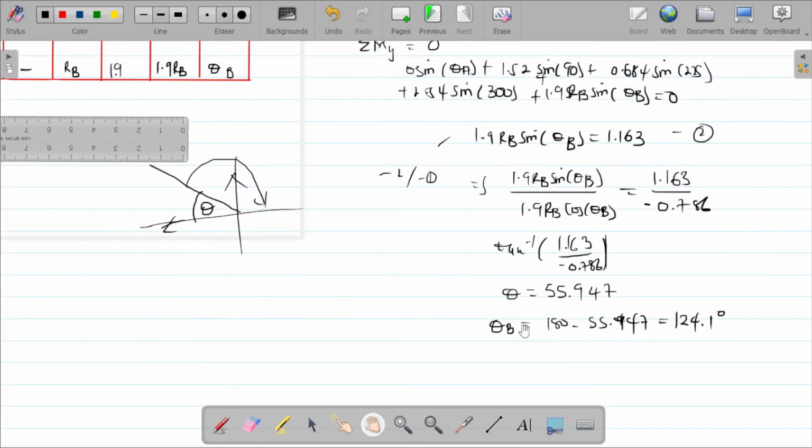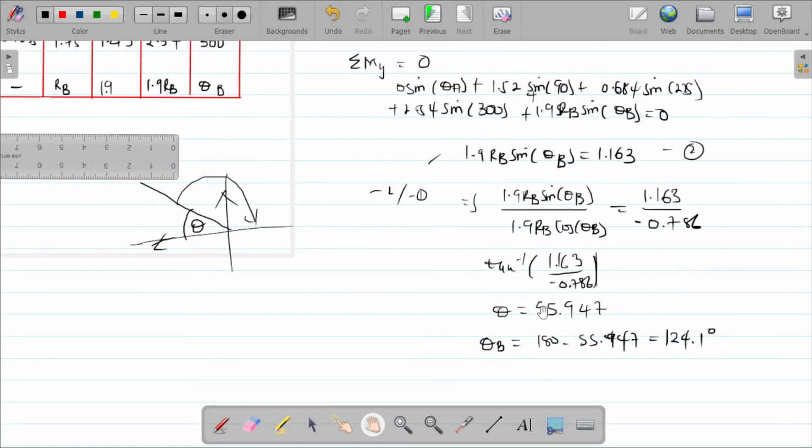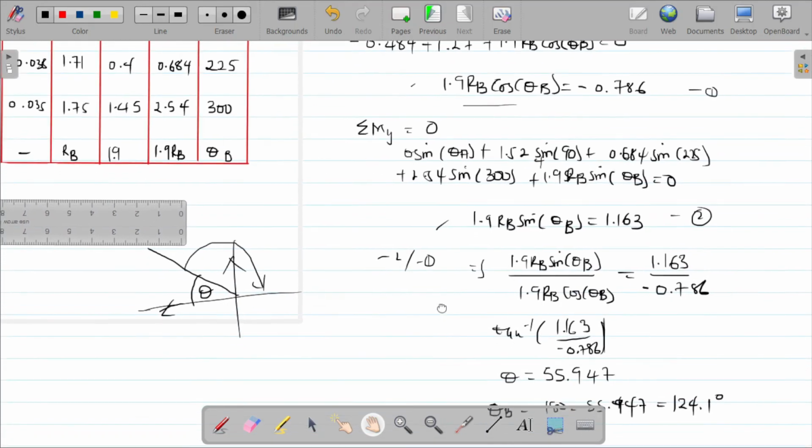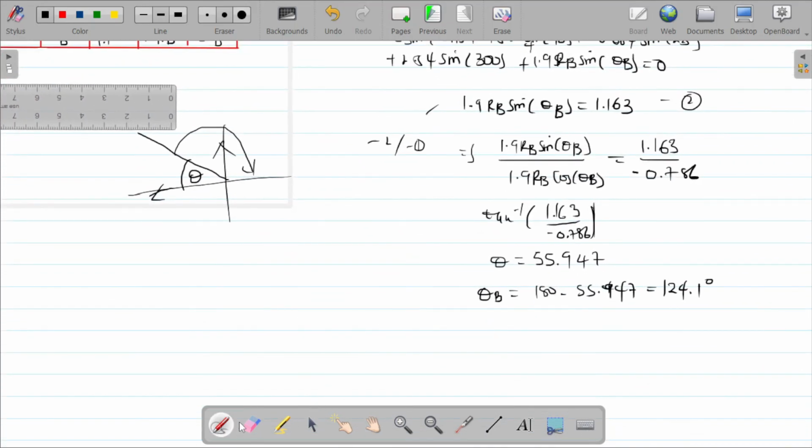We can use that to find RB. You can use this or this, any of them will give you the answer. So to find RB, you can use equation 2. So 1.9 RB sine 124.1 should be equal to 1.163.